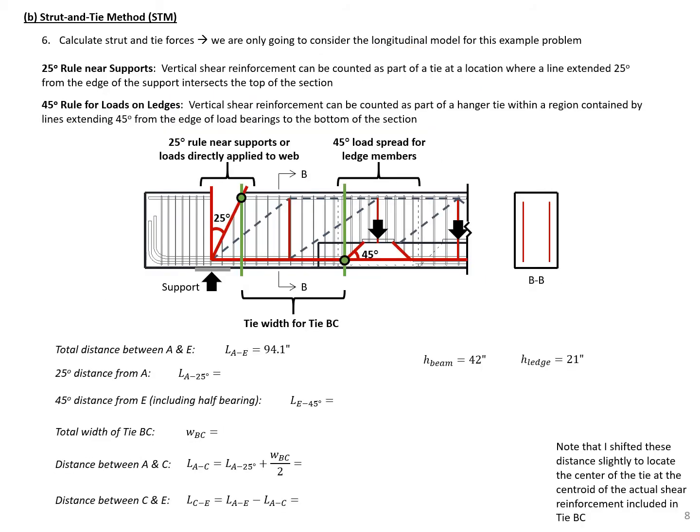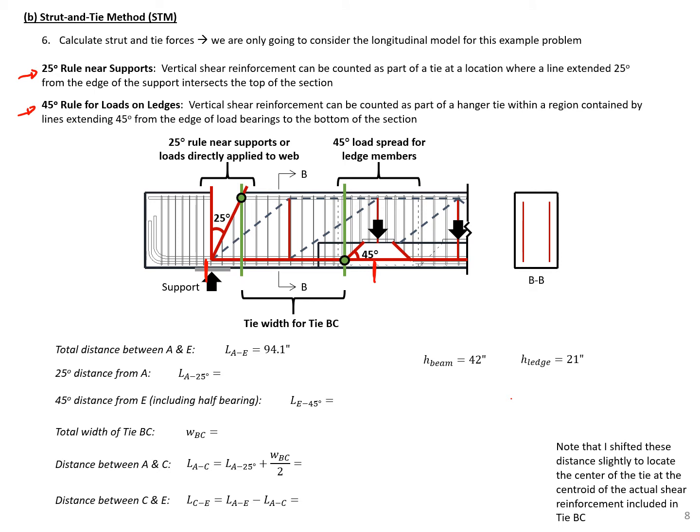Our next step is to use our 25-degree rule near the support and our 45-degree rule for loads on ledges to determine the width of our tie BC. So the total distance between A and E is 94.1.